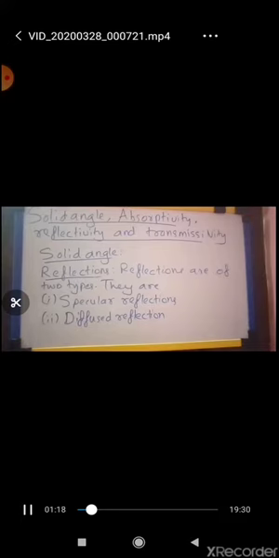We can discuss these one by one. First of all, specular reflection.